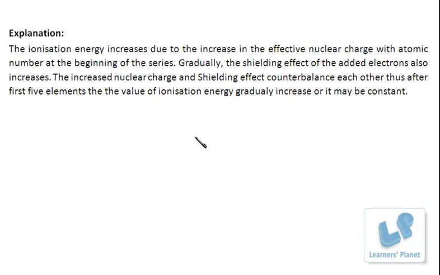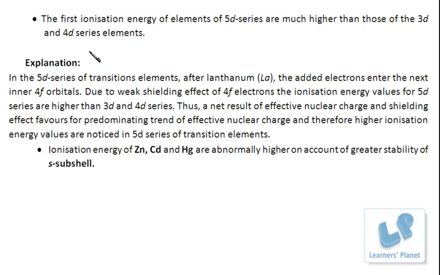Iron and cobalt, the ionization energy value was constant. Or it may decrease. See, there was a decrease in the ionization energy from cobalt to nickel. So there is irregularity in the ionization energy values after the first 5 elements. It gradually increases, or it may become constant, and it also decreases. I have shown you the plot graph of it.